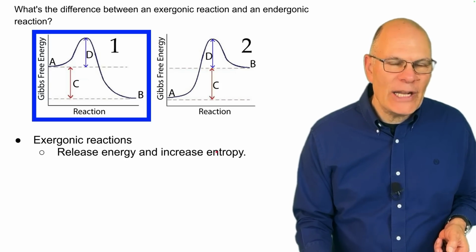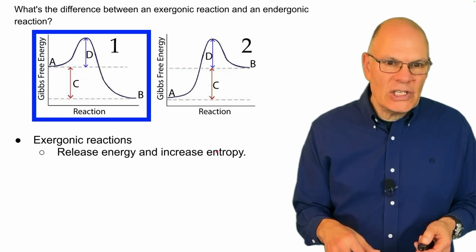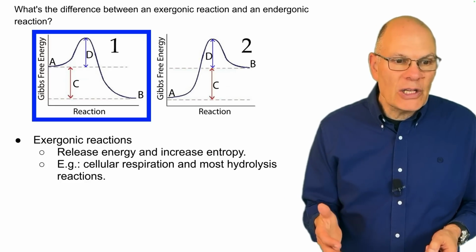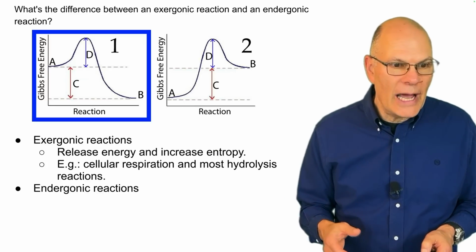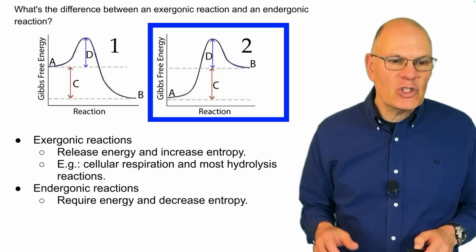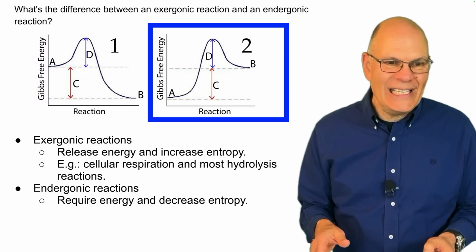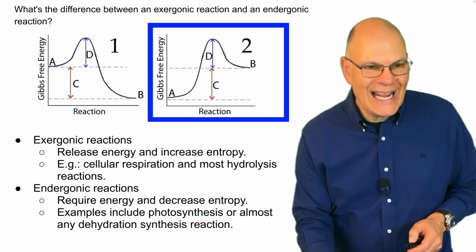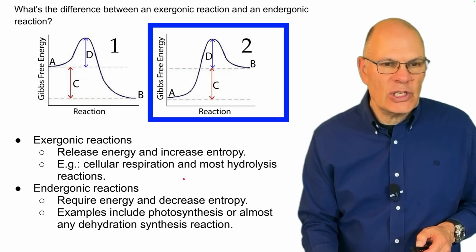So that's an increase in entropy because you've decreased organization. Cellular respiration, most hydrolysis reactions are exergonic reactions. Endergonic reactions require energy and decrease entropy, and examples include photosynthesis or almost any dehydration synthesis reaction.